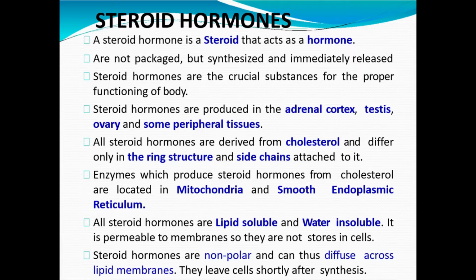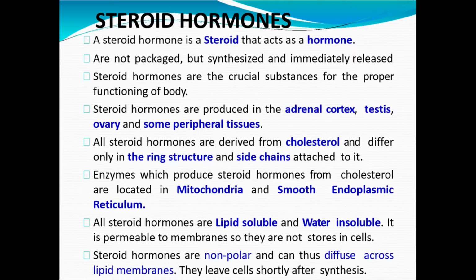We can call them steroid glands, which include number one, the adrenal cortex, number two, testis, and number three, ovaries. And there is also another organ, the placenta, which produces them especially during pregnancy. So, the fourth one. All steroid hormones are derived from cholesterol.